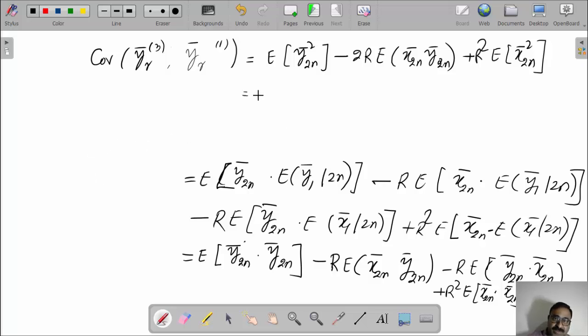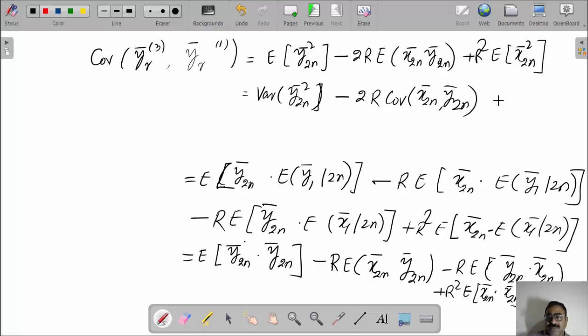Now this is equal to variance of y2n bar minus 2r covariance of x2n bar and y2n bar plus r square variance of x2n bar.